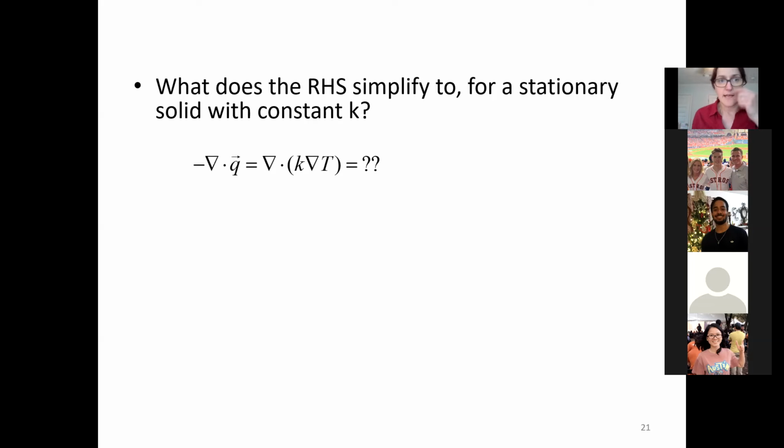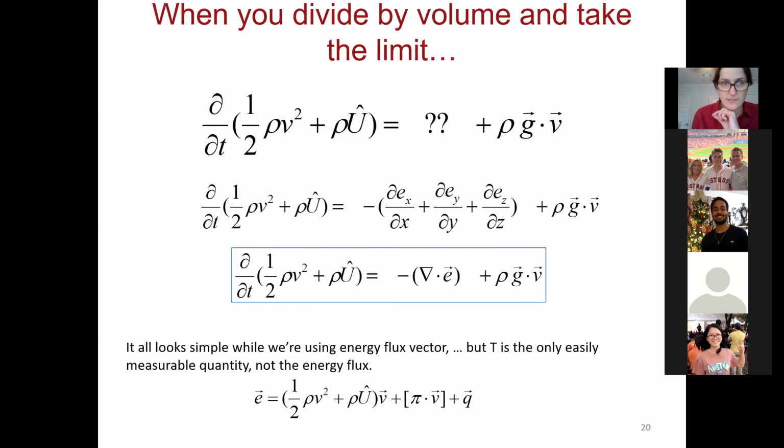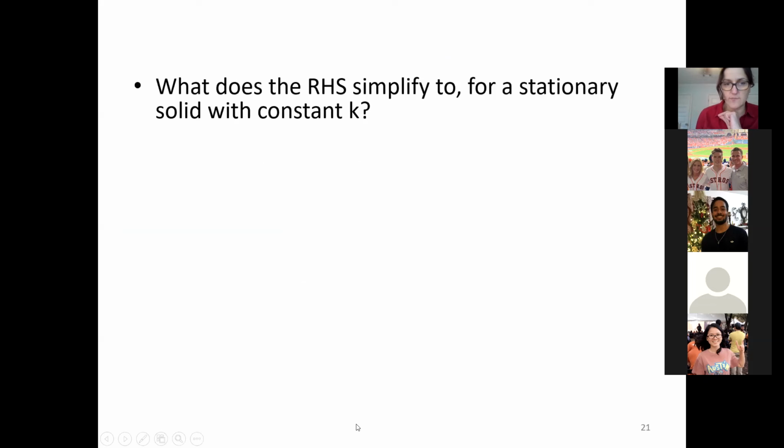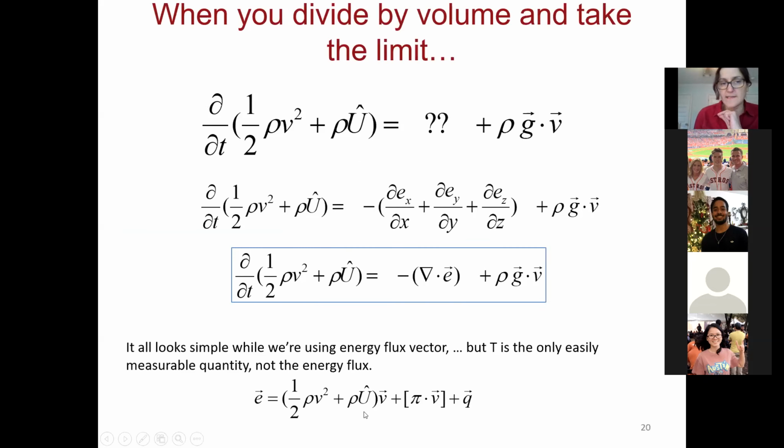Okay, all right, so take a deep breath. I'm going to show you a lot of equations. So the practical part of this is that working with internal energy is never easy.